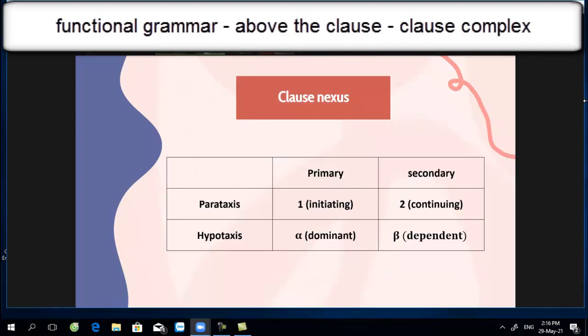And for clause nexus, we have two clauses: the primary clause and the secondary clause. For parataxis, we have the first part as initiating, and the second part as continuing. For hypotaxis, we have the dominant and the dependent.